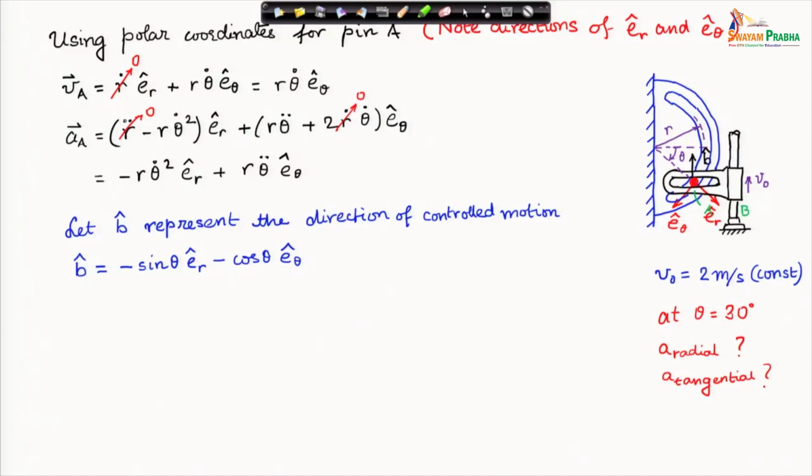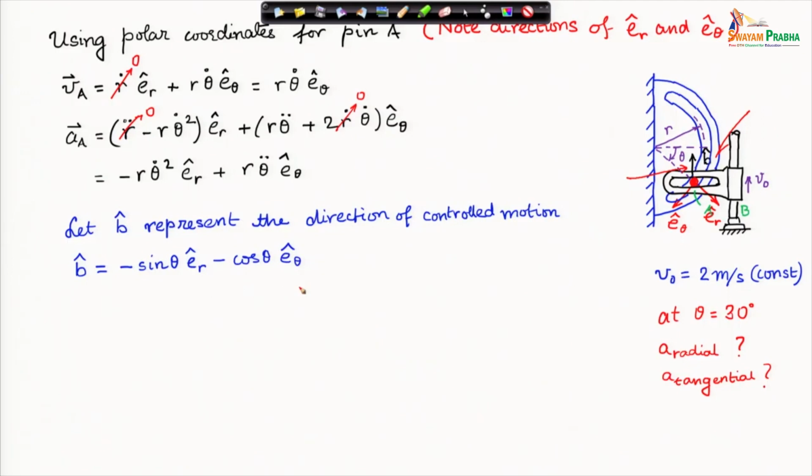Now, it is mentioned that this horizontal slot is moving up at a constant velocity of 2 meter per second. Now, what I have done here is I consider this vector b cap, which is vertically upwards, shown by this black arrow. So, that is a unit vector direction. I represent it as b cap. I represent b cap in e_r, e_θ coordinates, in the polar coordinates that I am using.